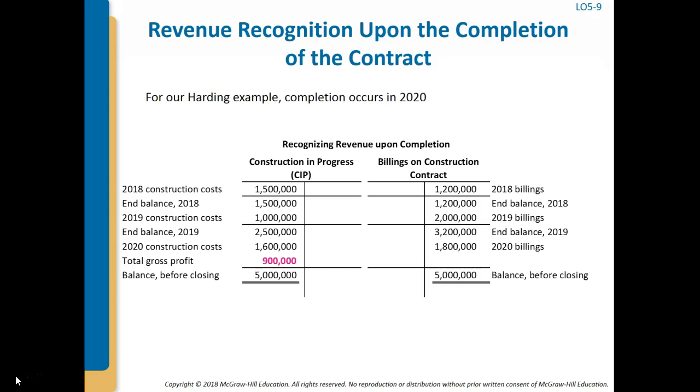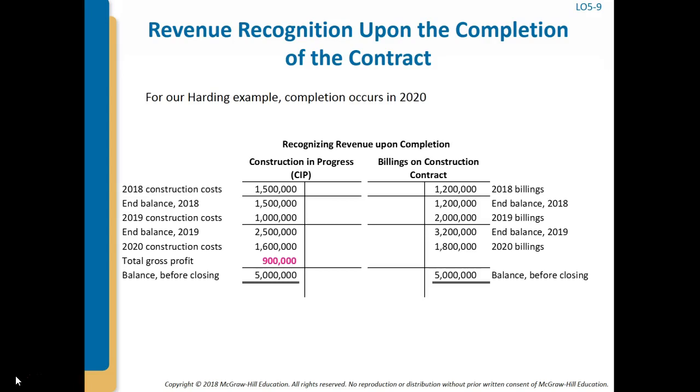Prior to then, CIP includes only cost, showing a cumulative balance of $1,500,000 and $2,500,000 at the end of 18 and 19 respectively, and totaling $4.1 million, which is the 1.5 plus the 1 million plus the 1.6 million, when the project is completed in 2020.